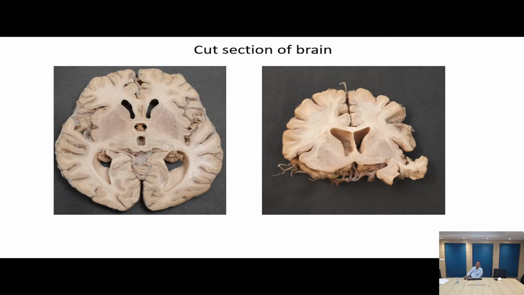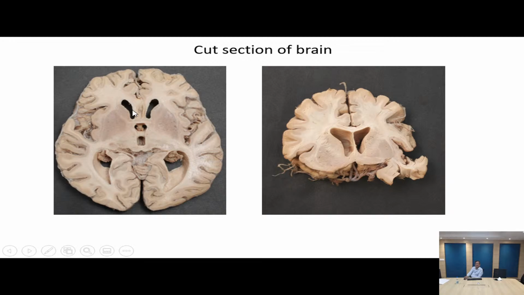It starts from the molecular layer, and then the external granular layer, external pyramidal layer, like that. There are six layers in this gray matter, and deep to it is the white matter, and this white matter is mainly made up of nerve fibers. I have already told you about the three basic types of nerve fibers.